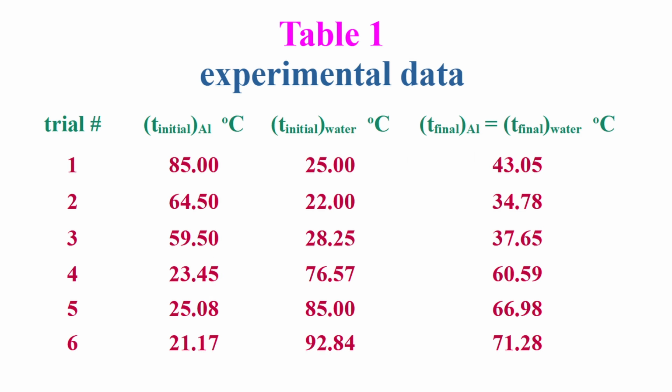The table shows the experimental data obtained in 6 trials of such an experiment. In the first 3 trials, aluminum is hotter and water is colder, and vice versa in the next 3. Heat spontaneously flows from the hot to the cold until at the final equilibrium state, the temperatures of both aluminum and water are the same.